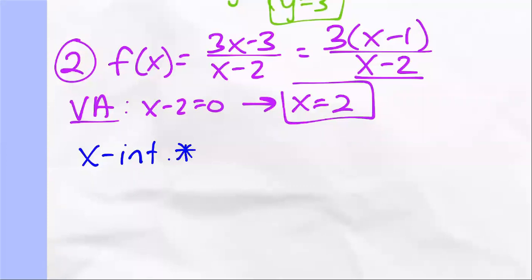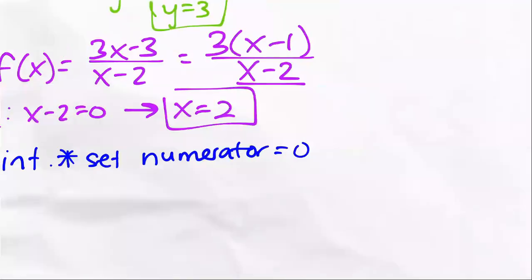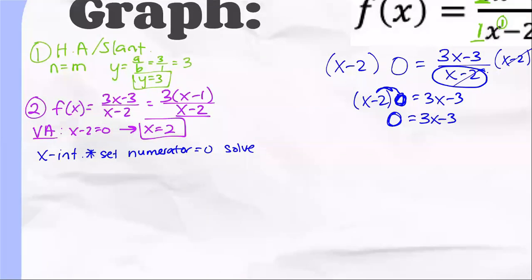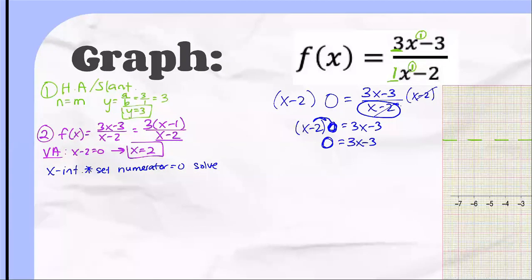It's going to be where you set your numerator equal to 0 and solve. So even though that seems like it'd be a huge pain because you've got these crazy fractions, you don't have to worry about them like they're a fraction. You just have to set your numerator equal to 0 and solve.